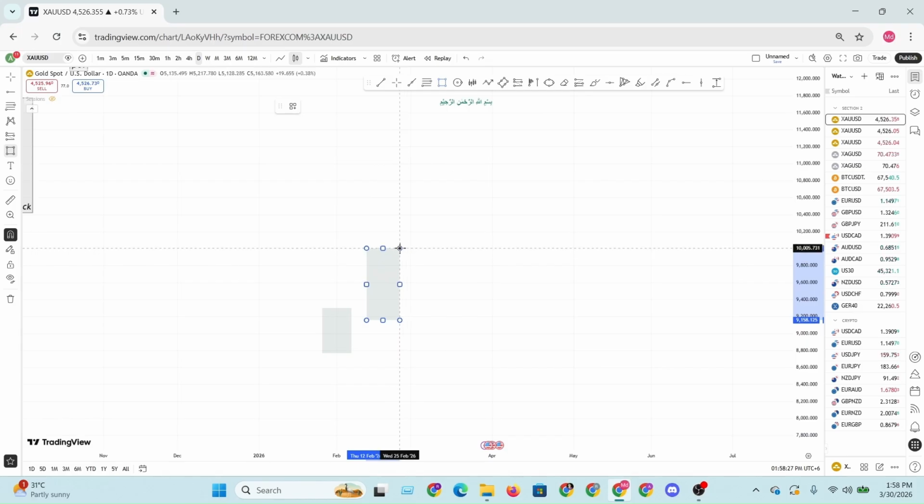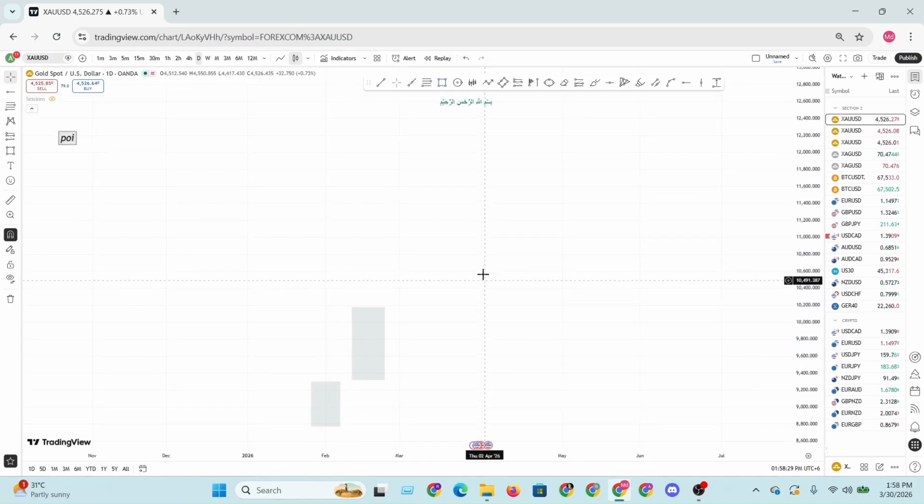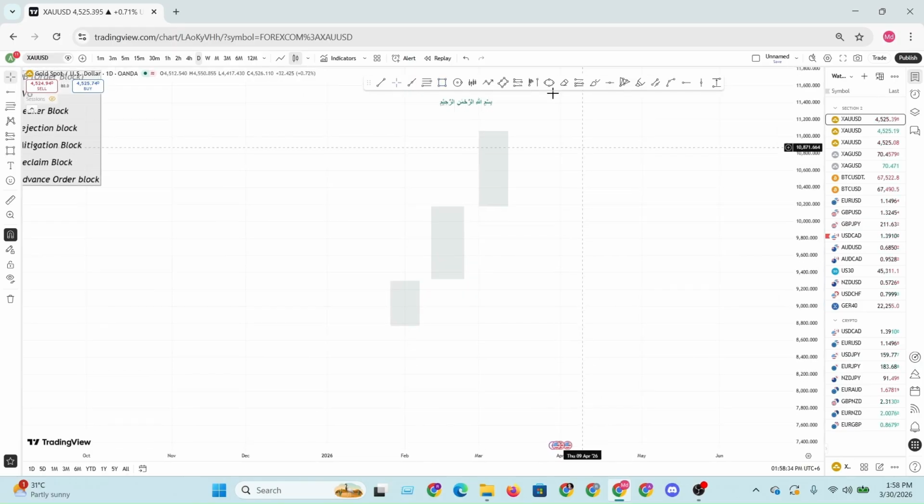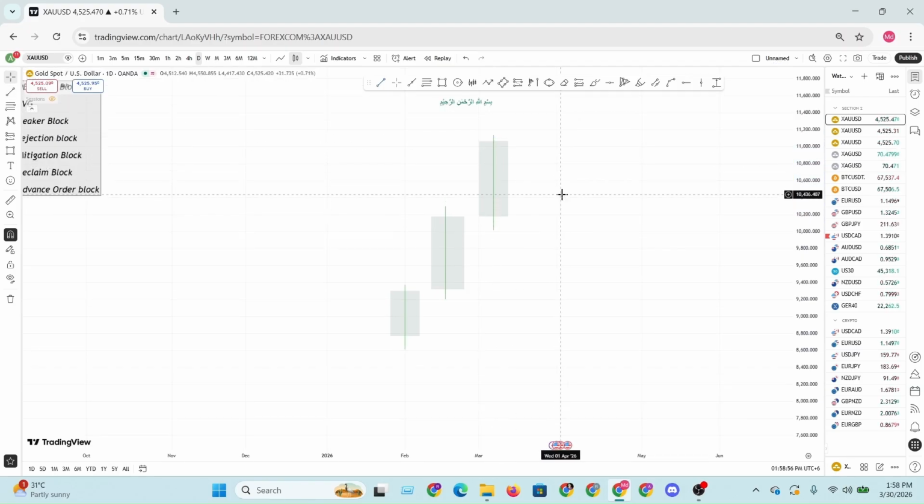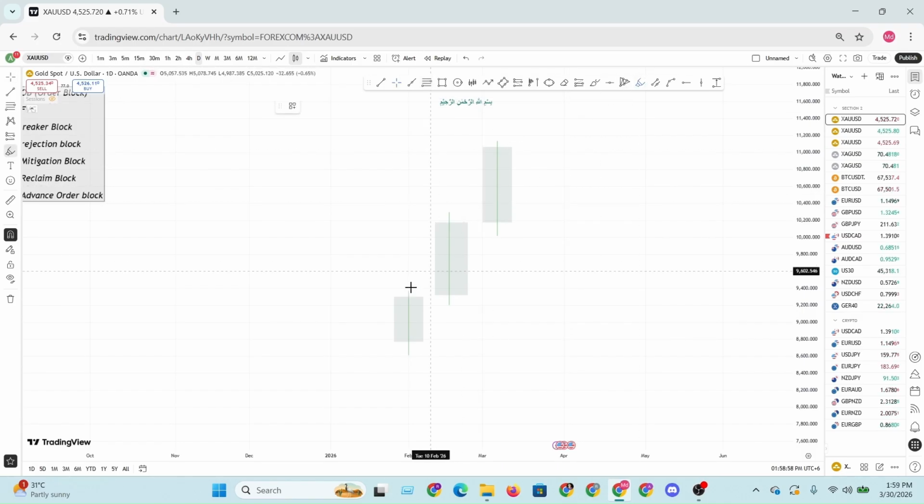This is the second candle, and this is the third candle, and this is the wick. Okay, so the first candle, second candle, and the third candle.